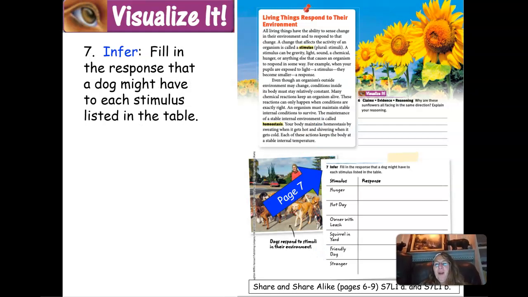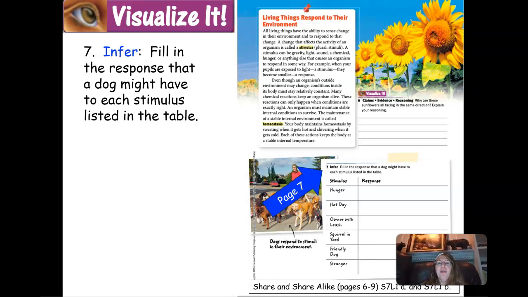Okay, now we're on to number 7. Number 7 asks you to infer. When you make an inference, you are making a statement based on prior knowledge and observations. So the sunflowers, nope, that's not a good example. Let me give you an example. You can hear people say all the time, oh, my joints, they're aching.